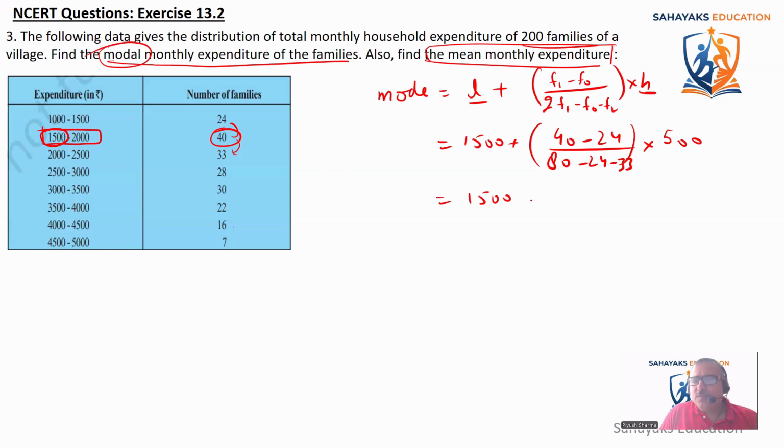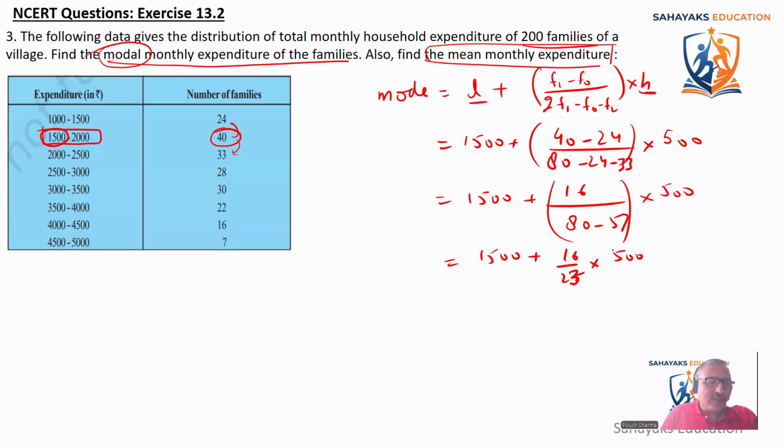This is 1500 plus 40 minus 24, which is 16, divided by 80 minus 24 minus 33, which is 57. So 80 minus 57 comes out to be 23. It is 1500 plus 16 divided by 23 into 500.